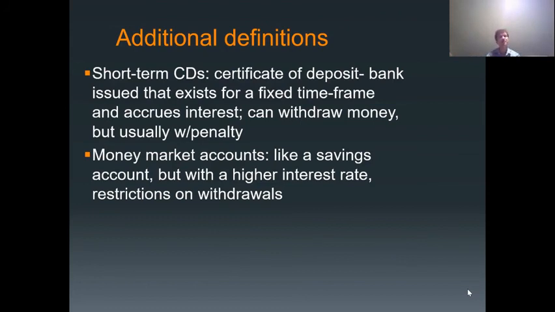Money market accounts are kind of like savings accounts, but a lot of times they have higher interest rates and there's restriction on withdrawals. And this is to account for the bank can take your money in your money market account and invest it. So it carries a little bit of a variable interest rate in many cases, and it will sort of be invested out as the bank somewhat sees fit.